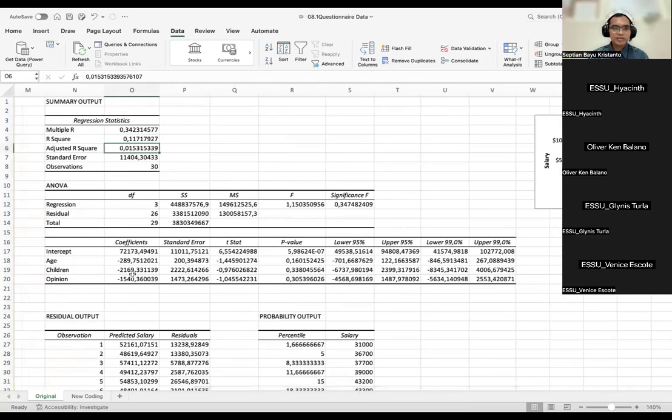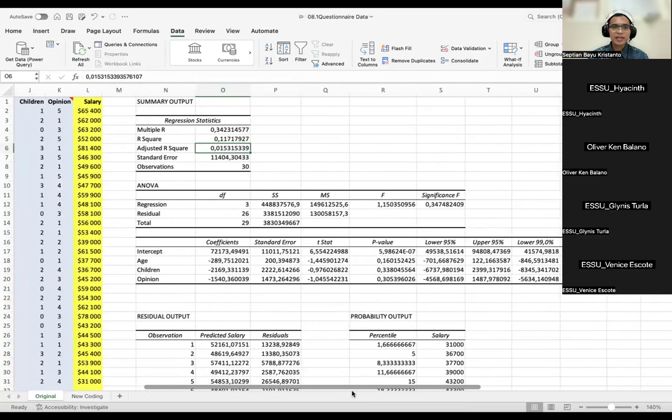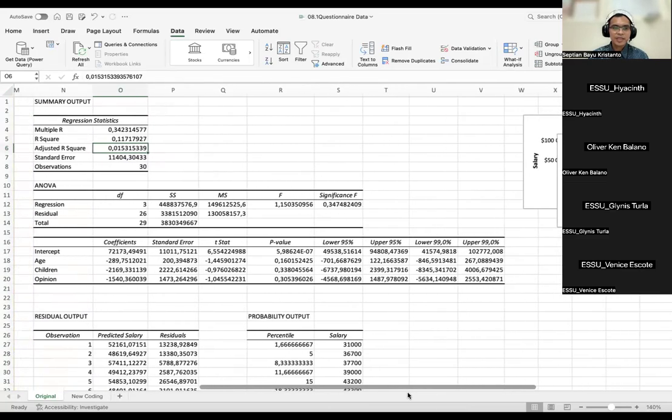We can predict the salary. The salary could be predicted with this information: the age, the children, and opinion.